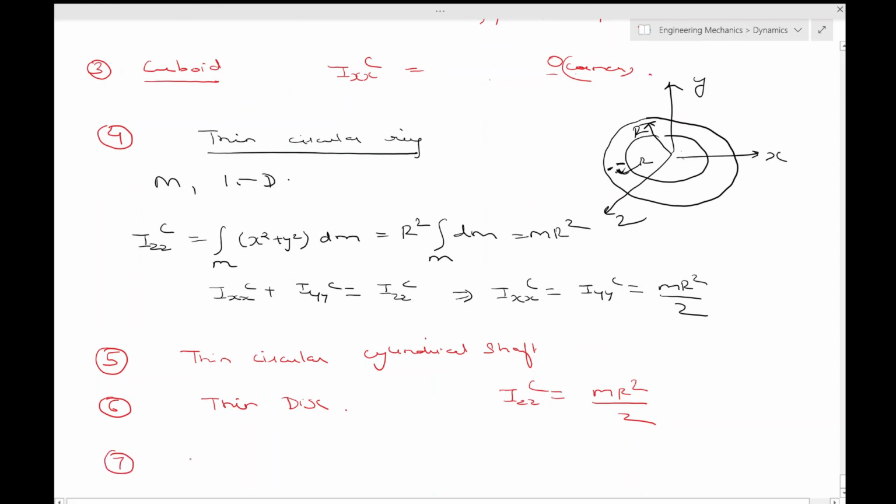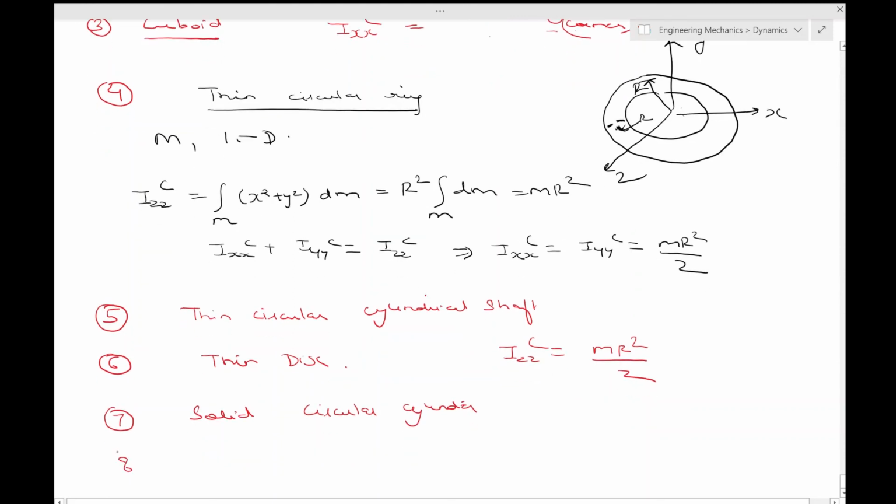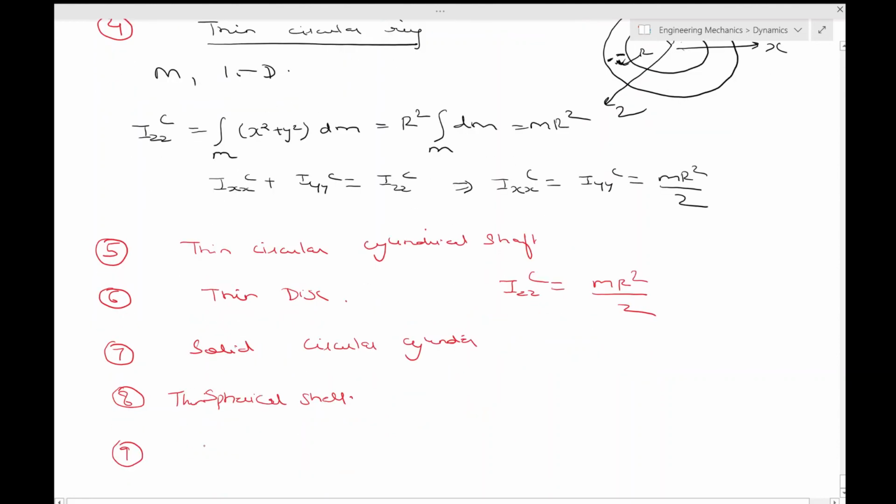Then you can have a solid circular cylinder. Thin spherical shell. And then finally you can have a sphere of mass m.